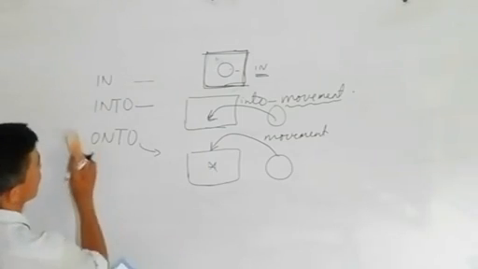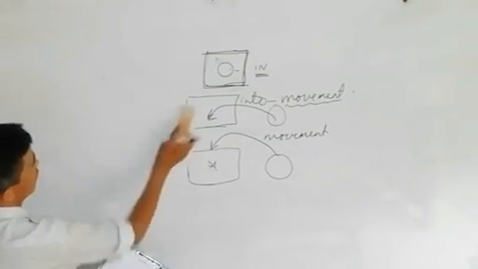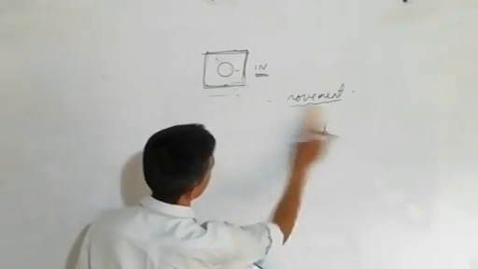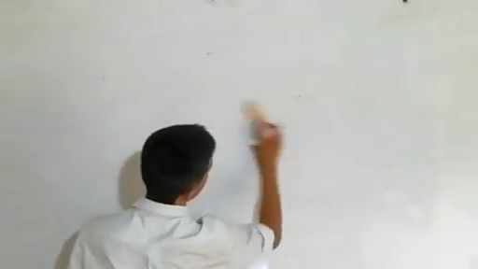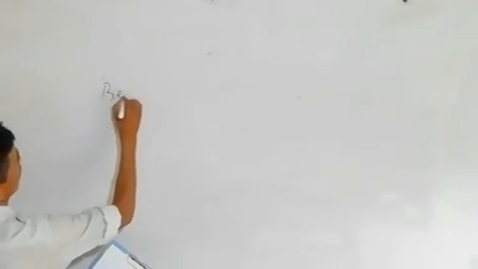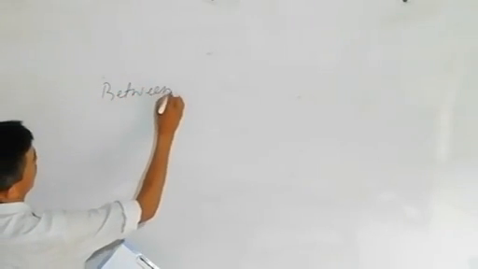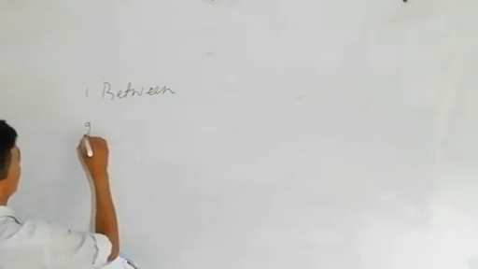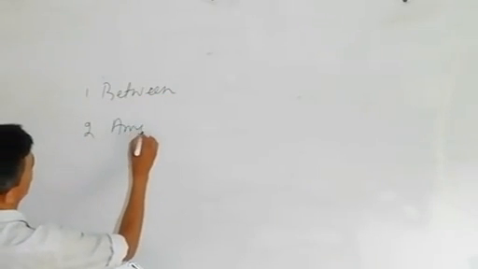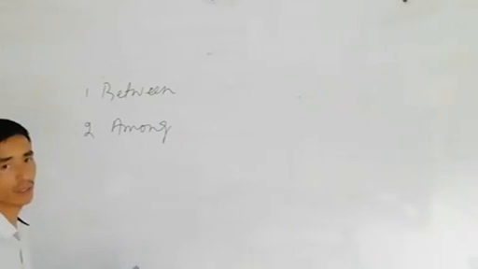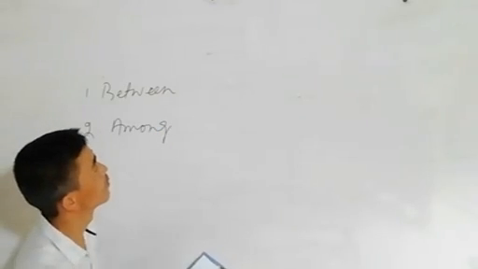Next, we have another one. Number one is between. Number two is among. What is the difference between between and among?